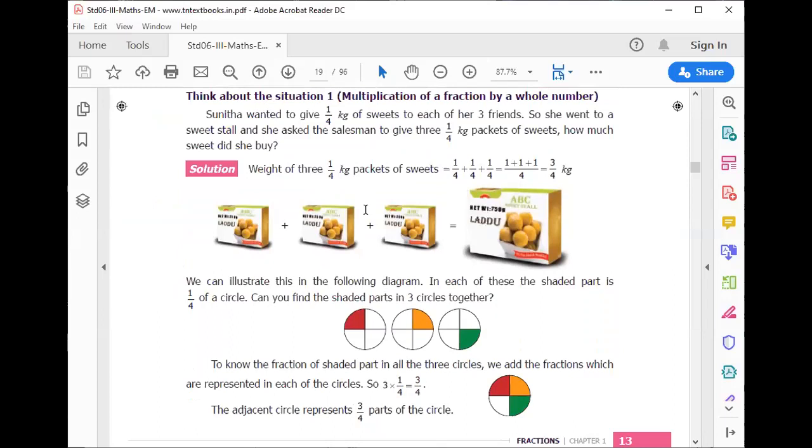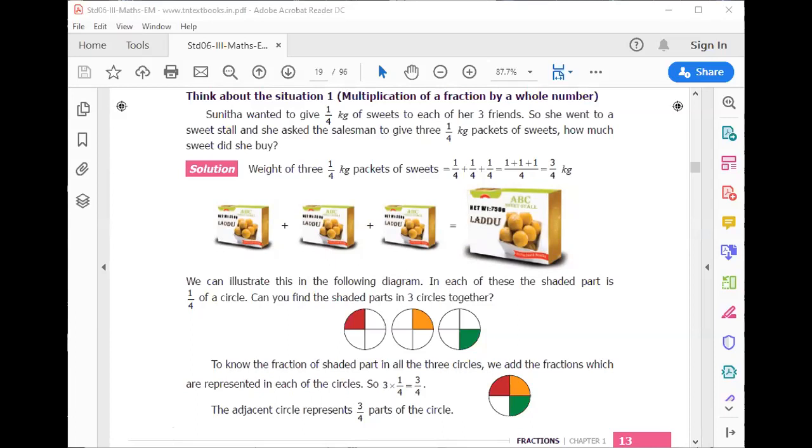Now, this one ideally should be dealt with in two different ways, till you establish commutativity.